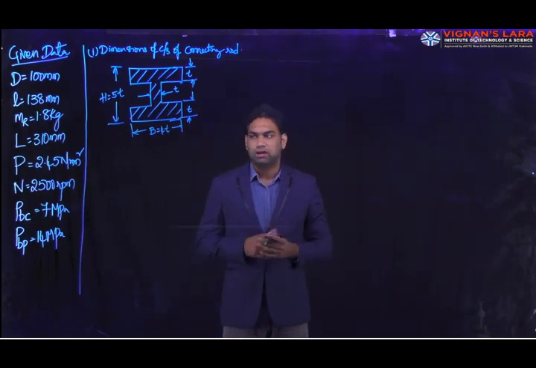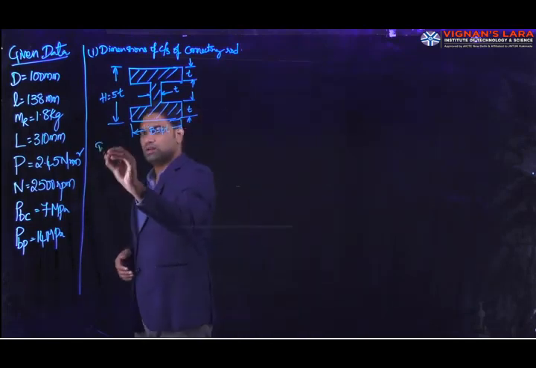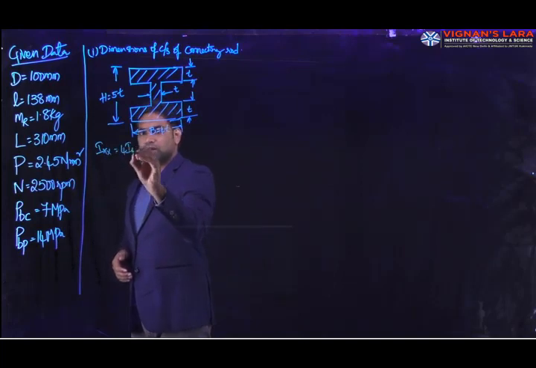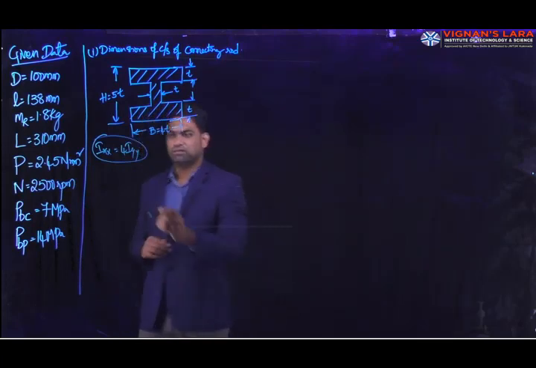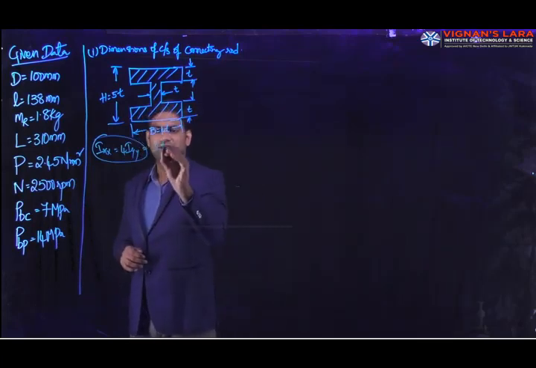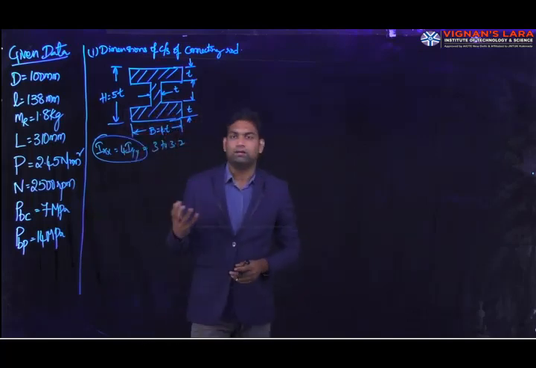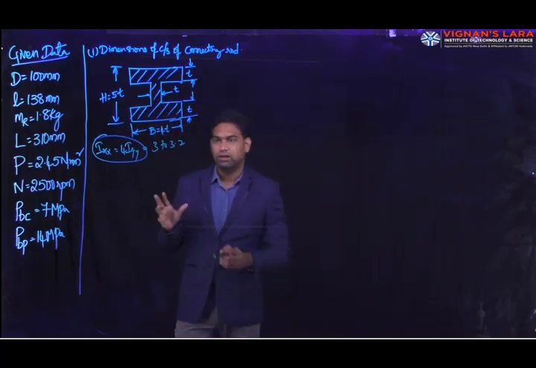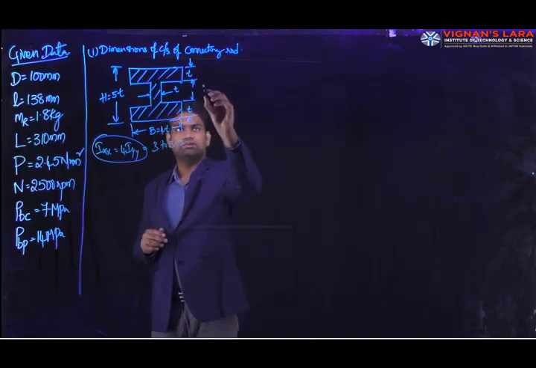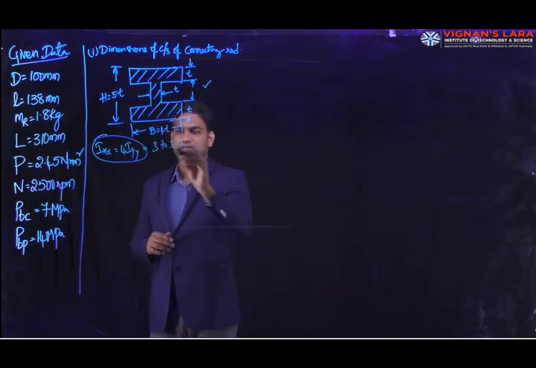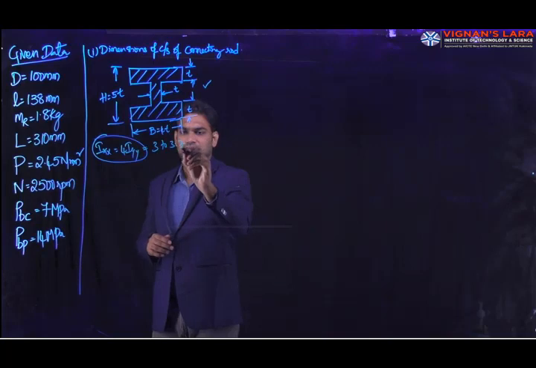By equating the buckling strength about Ixx and Iyy, we know the relation Ixx equal to 4 times Iyy, but usually 3 to 3.5 times is taken. So we need to check whether our considered proportions satisfy the statement, that is, lie between 3 and 3.5.